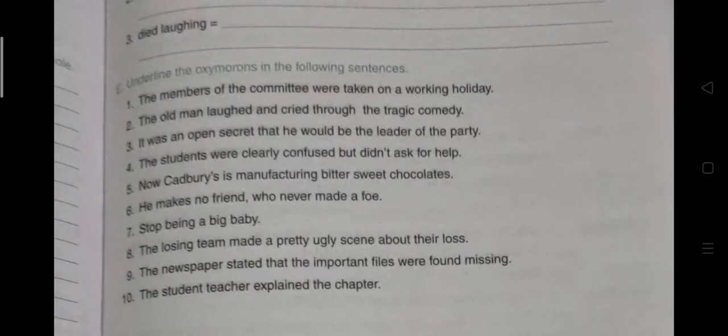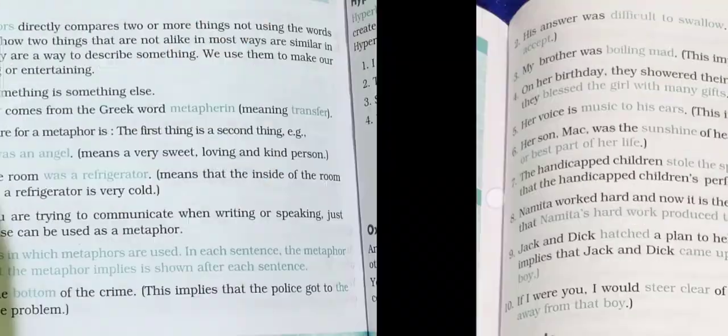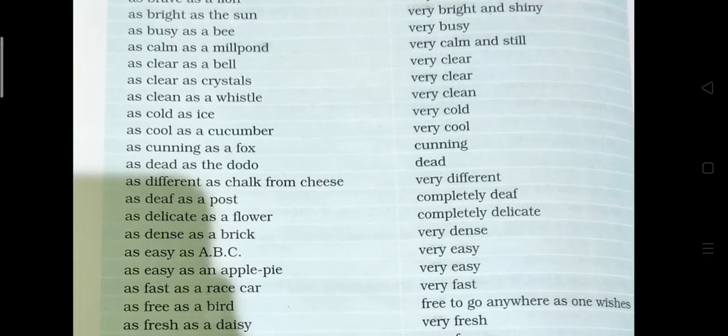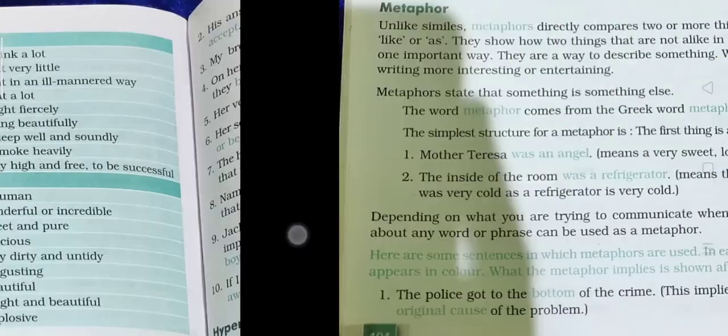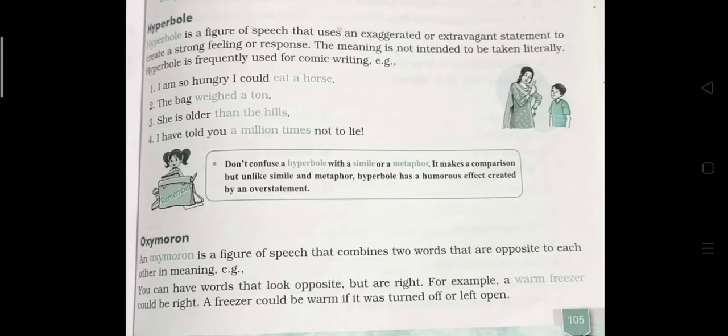So class, here you have to do the exercises like I have told you. You have to read from the tables. You have to learn them. I am going to ask you from these, similes. You have to learn them, and we are going to discuss the exercises in our Google Meet.